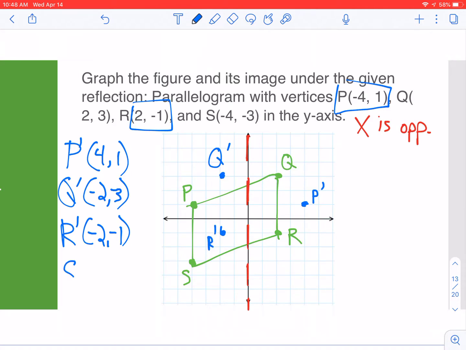And then lastly, we're going to take the opposite of negative 4, which is 4, negative 3. It's going to be down here. And when I draw this, you will have a nice pretty picture of how it is reflected on the y-axis.